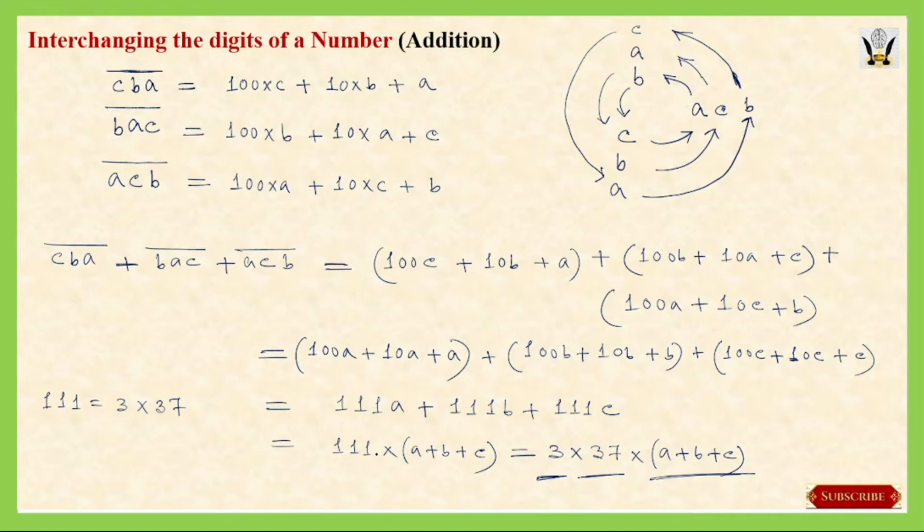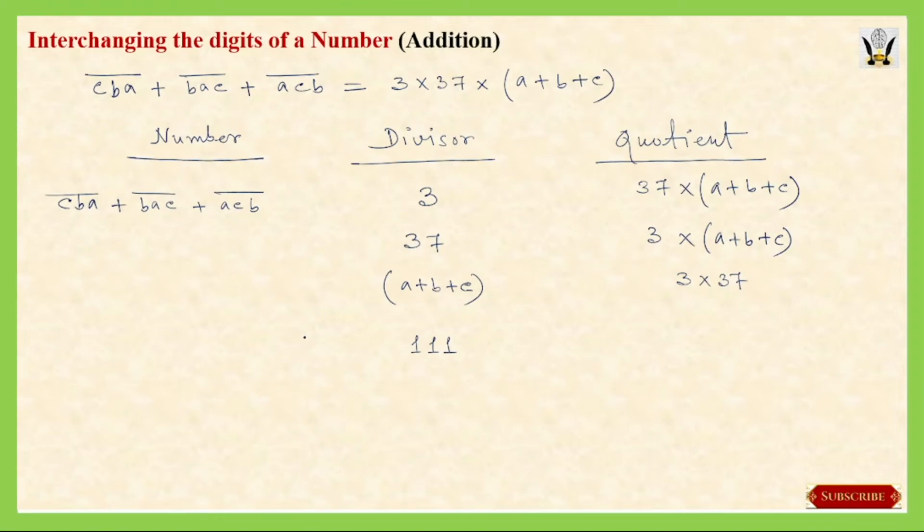In the previous line we had two factors: one was 111 and the other was a plus b plus c, and when we refactorize 111, we obtain these two factors. So if we divide the result of addition by 111, then the quotient will be a plus b plus c. So this can be further written as 111 multiplied by a plus b plus c.